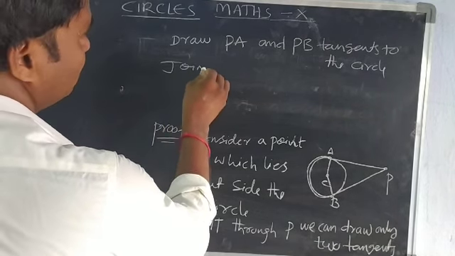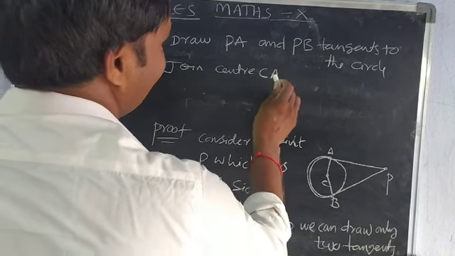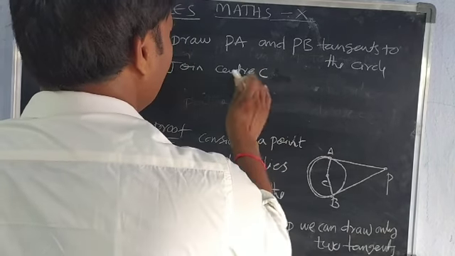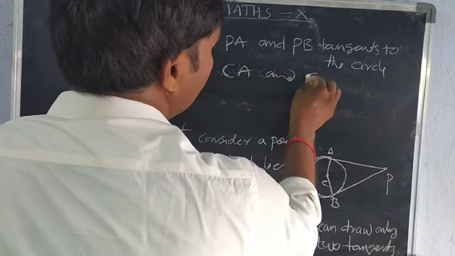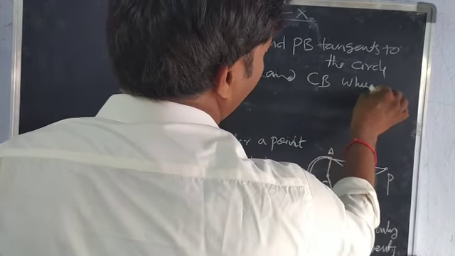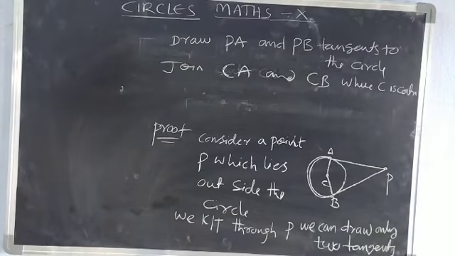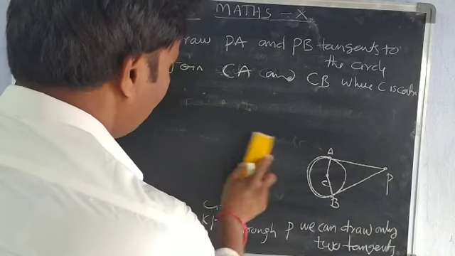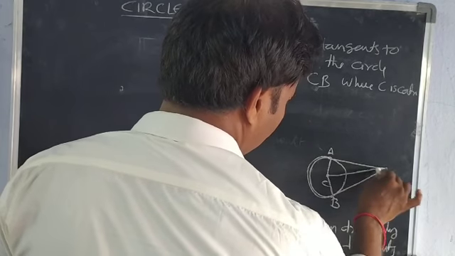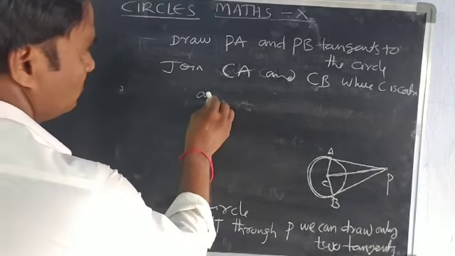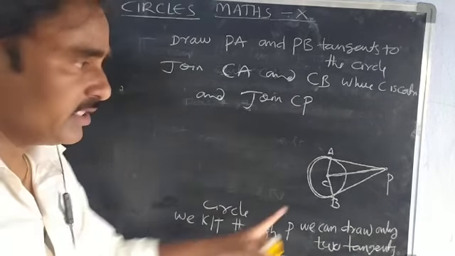Join CA and CB, where C is the center. Then after joining CA and CB, join CP, the center and the external point.